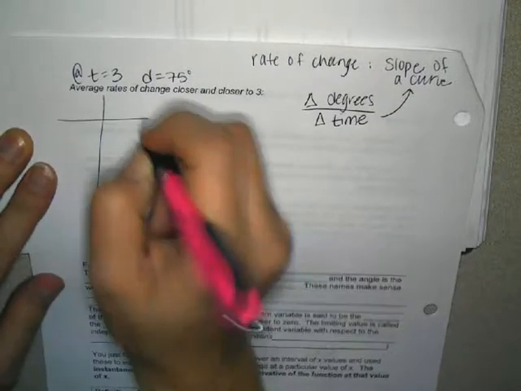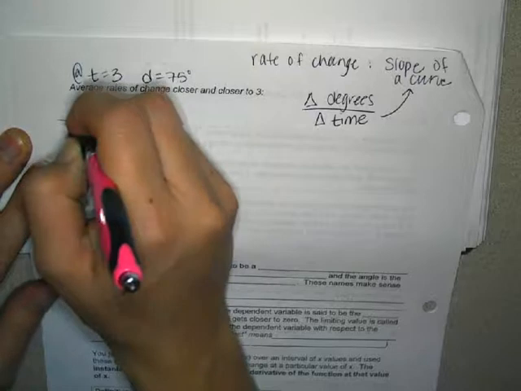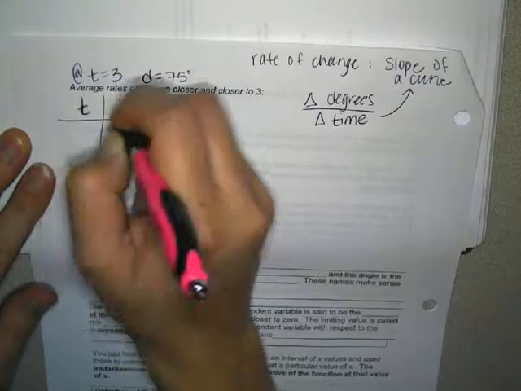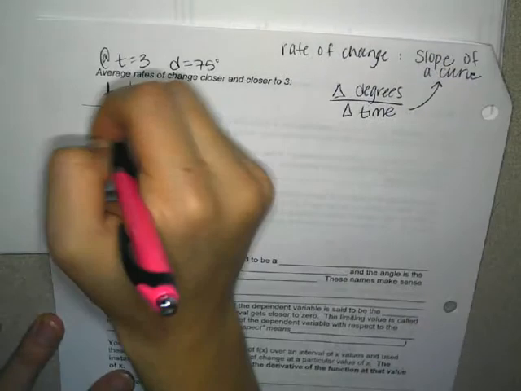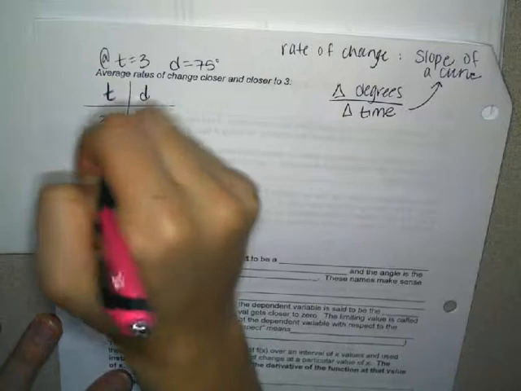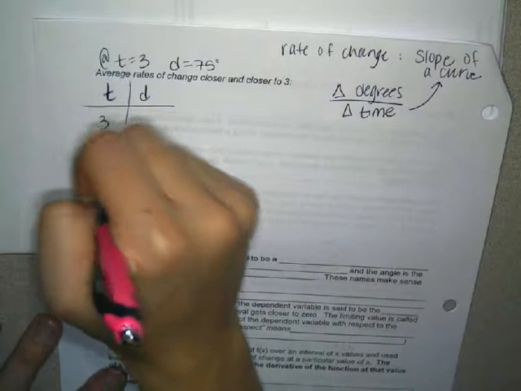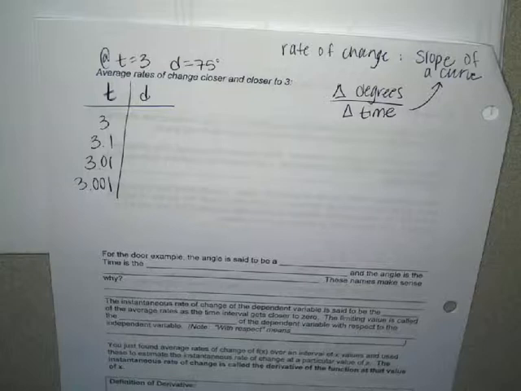Alright, so I'm going to find some values first. Yeah, this is time, this is D. And I'm going to focus around 3. So let's look at 3, 3.1, 3.01, and 3.001. You should just be able to plug these into your calculator.